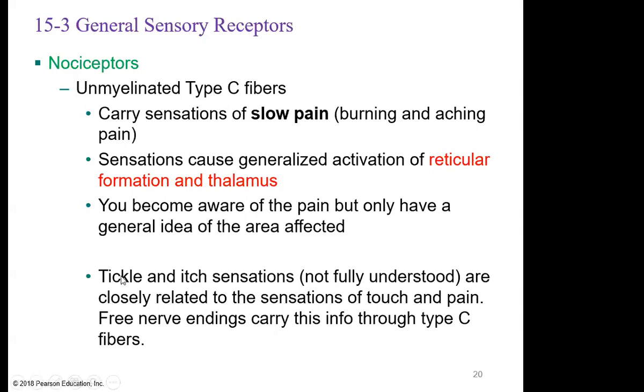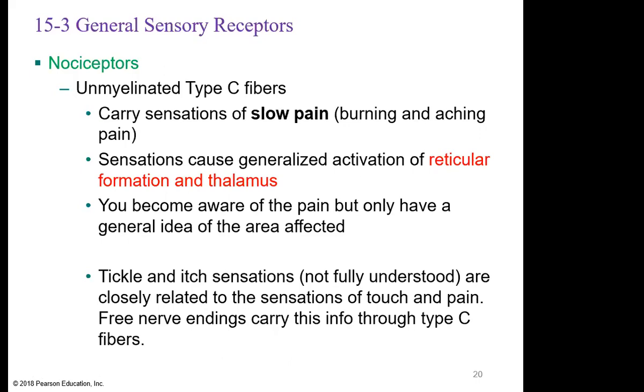Now, just to take note, tickle and itch sensations are not fully understood, but they are closely related to sensations of touch and pain. So free nerve endings will carry this information, the tickle and the itch, through the type C fibers, which is why some people really hate to be tickled because it's not a pleasurable experience. For some people, it is actually painful.